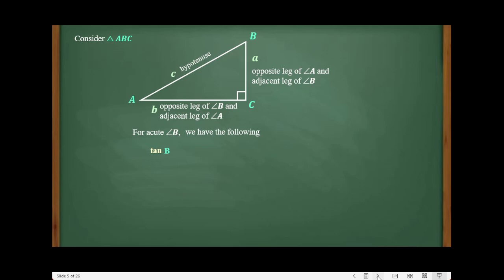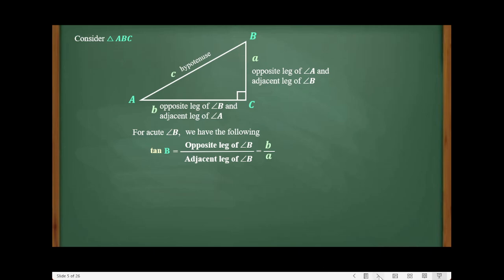Tangent of B is defined as the ratio of the opposite leg of angle B over the adjacent leg of angle B. Referring to the right triangle figure, the opposite leg of angle B is denoted by small letter b, and the adjacent leg of angle B is denoted by small letter a.